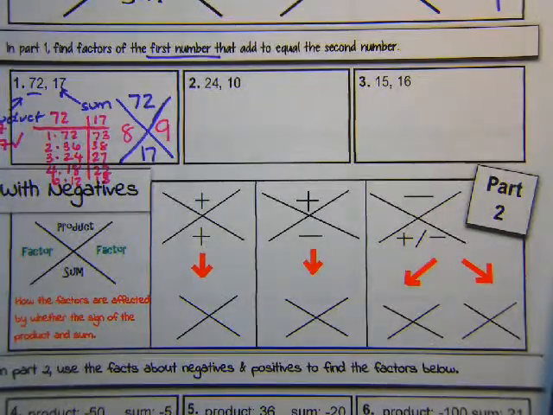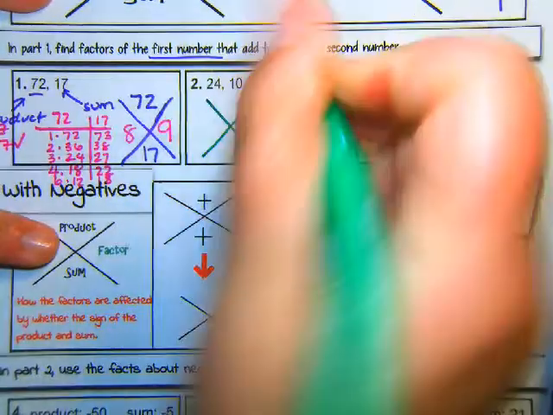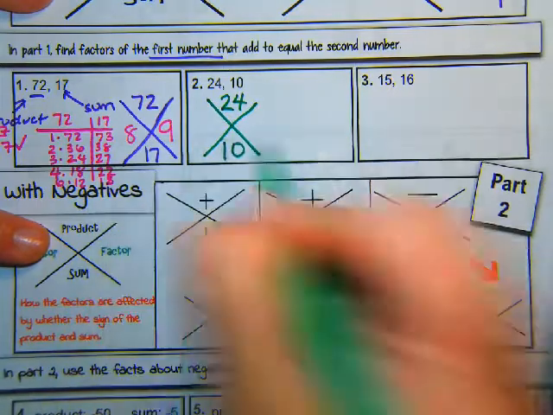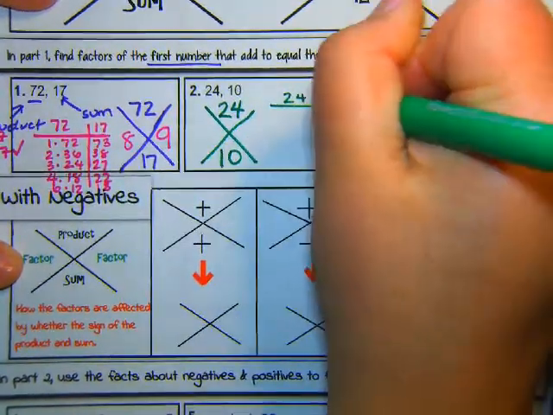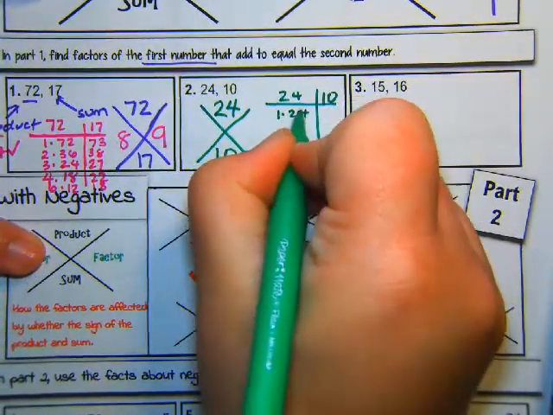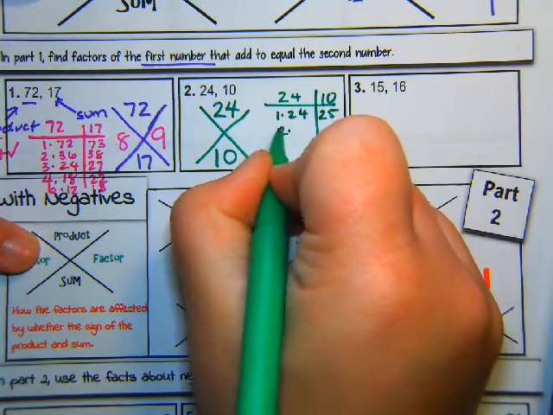Sometimes you get them quick, sometimes you don't. That's okay. So, next one. The first one's going to be the product. 24 goes on top, 10 goes on bottom. So that means we want 2 numbers. When we multiply, we get 24, but when we add them, we get 10. So 1 times 24. Well, that adds to 25. No. 2 times 12.